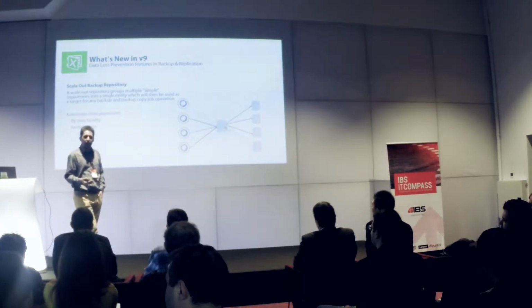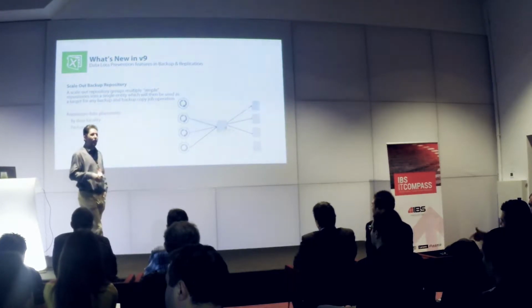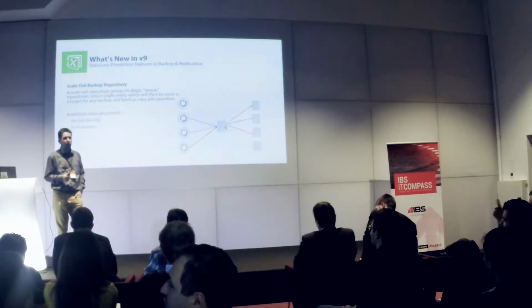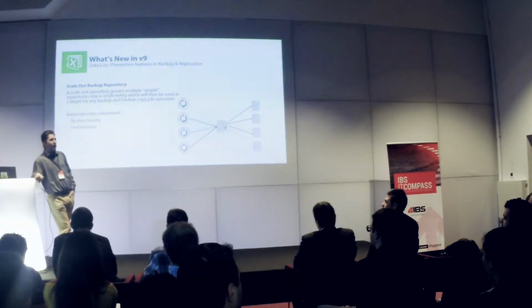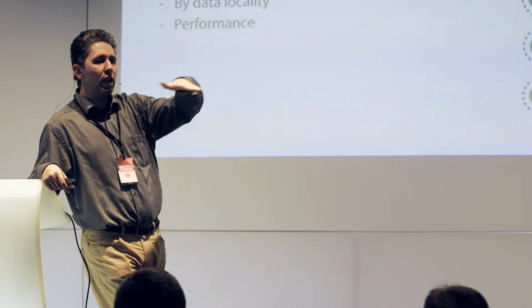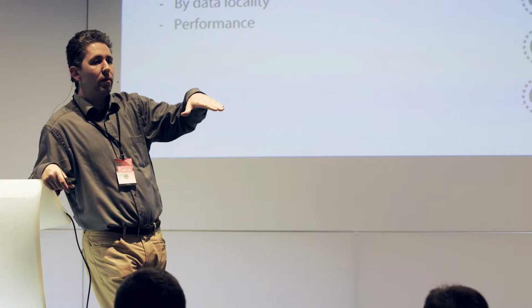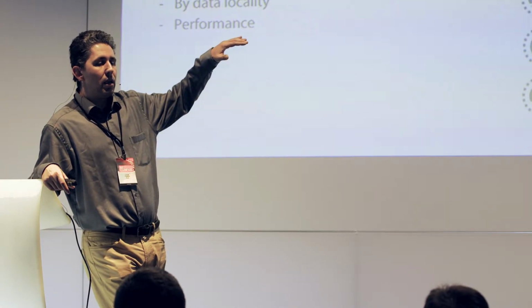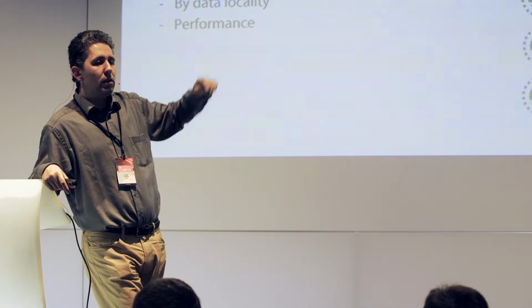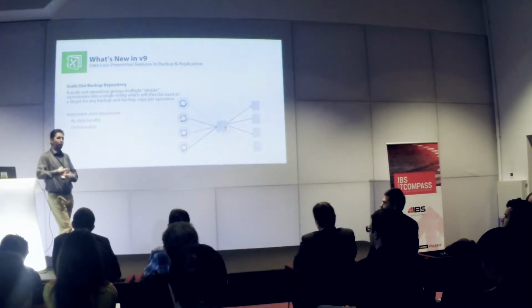Basically, when you start the backup, it's accessing the repository, and if that repository is completely dead, it moves to the other one. And if it dies while we are doing a backup, that backup will fail. So we perform it the next time it's scheduled to run.